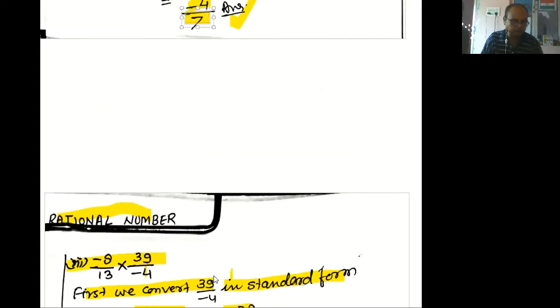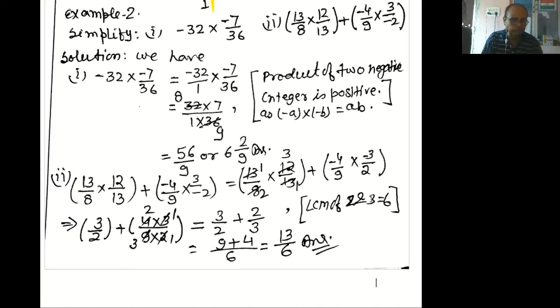Example 2. Simplify minus 32 into minus 7 upon 36. Here we write minus 32 into minus 7 upon 36 equal to minus 32 upon 1 into minus 7 upon 36, equal to 32 into 7 upon 36.